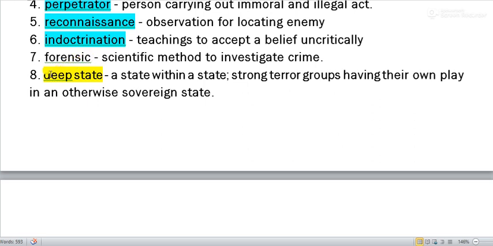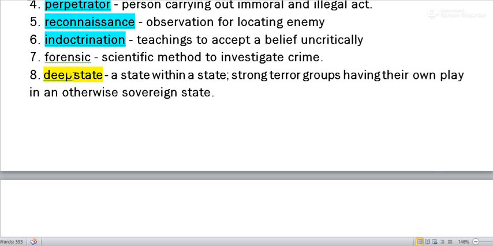Deep state. A state is autonomous and sovereign. Deep state refers to a state within the state. Usually, it refers to such a group of people who disobey the rules or the law of the land and have their own set of rules and actions to govern themselves.